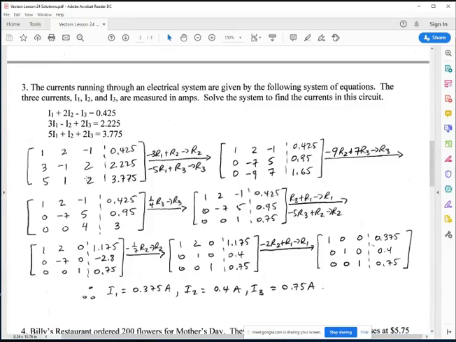If you look at this step here, it really doesn't make sense. Having said that, when you're working with larger matrices, sometimes you just deal with the fact that you're working with fractions.